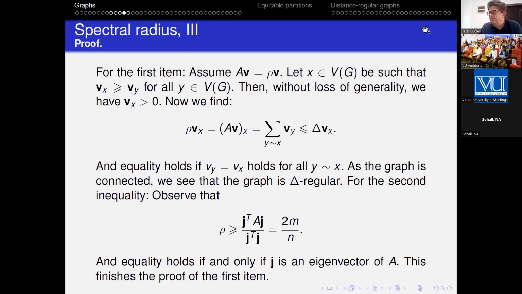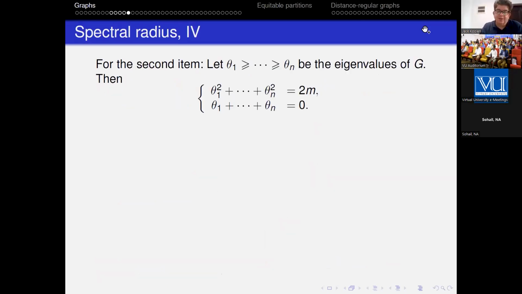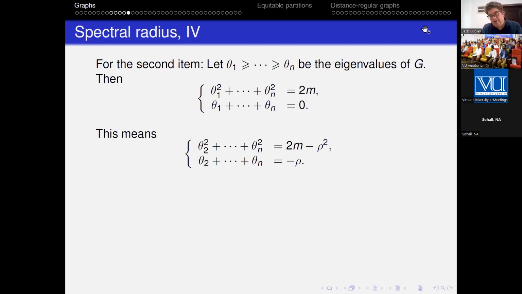Don't worry, the proof gets much more difficult later. So now we are going to prove the second item. So what do we have? The sum of the eigenvalues is 0, that is the trace of A, and the sum of the squares of the eigenvalues is 2m, that is the trace of A squared. So if I put rho on the other side of the equation, we have these two equations.